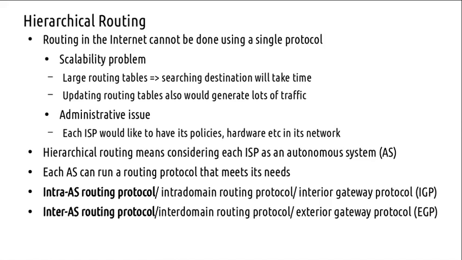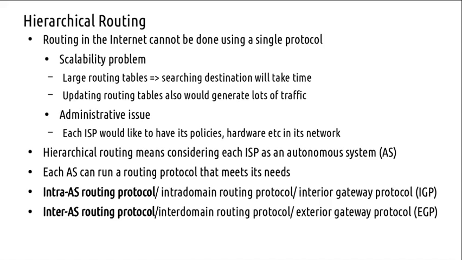We came to the point that we need hierarchical routing. Routing cannot be done using a single protocol. Some things run at a higher level, at the autonomous system level, and something runs at the lower level within the autonomous system. Among autonomous systems there should be one routing protocol, and within the autonomous system there should be another.